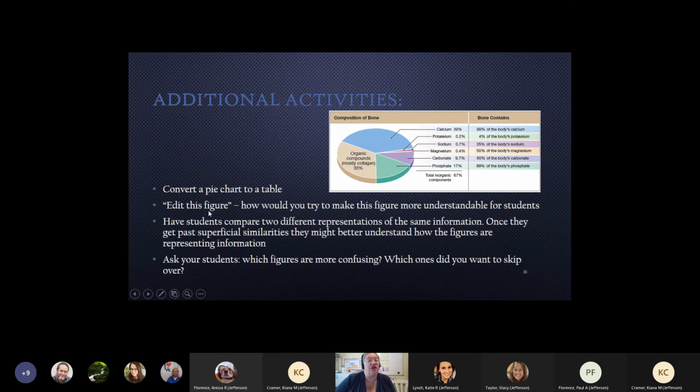One of the things that I want to try to do with students is to ask them about editing figures. When we ask students which figures are more confusing, which ones did you want to skip over, can you tell me which ones I need to help facilitate with you in more detail? One of the things that we can also ask is, how would you try to make this figure more understandable? Where was it really confusing?